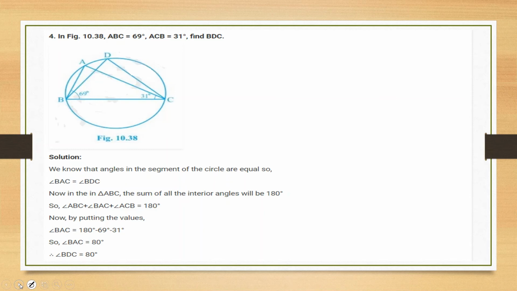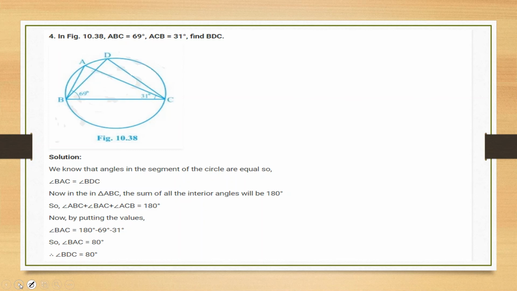Now, see the triangle ABC. In this triangle, we use the angle sum property to calculate the value of angle BAC, that is angle ABC plus angle BAC plus angle ACB equal to 180 degree.